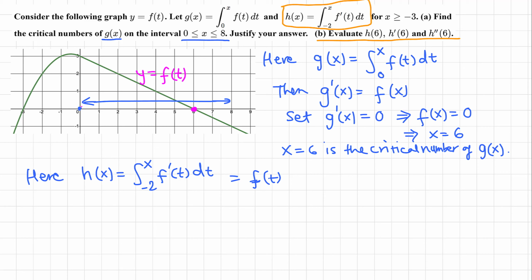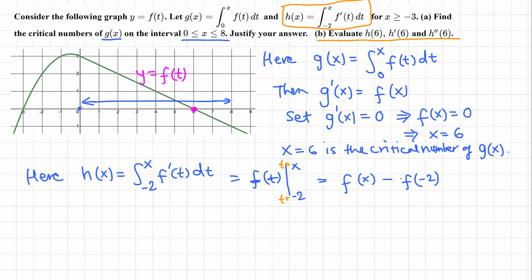By the fundamental theorem of calculus, with lower limit negative 2 and upper limit x, this variable is t, so this is t equals negative 2 and t equals x. Now we evaluate, replacing t by x, so f of x minus f of negative 2. So h of x is f of x minus f of negative 2.